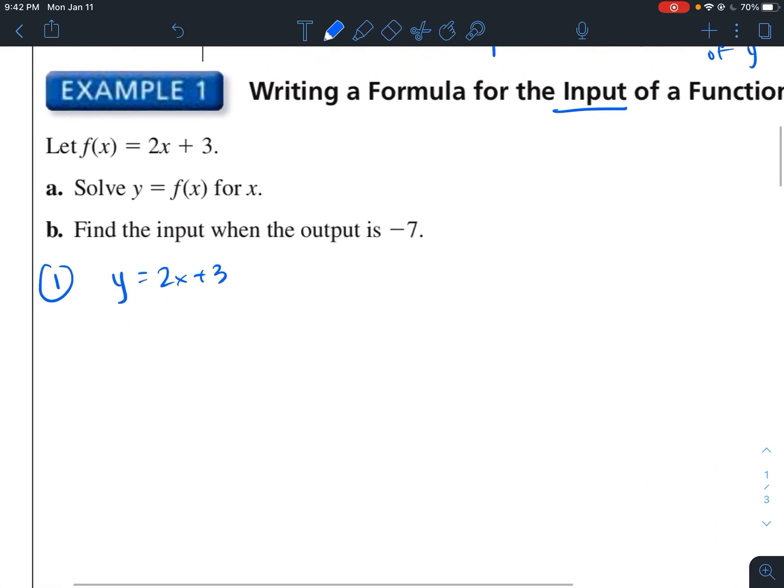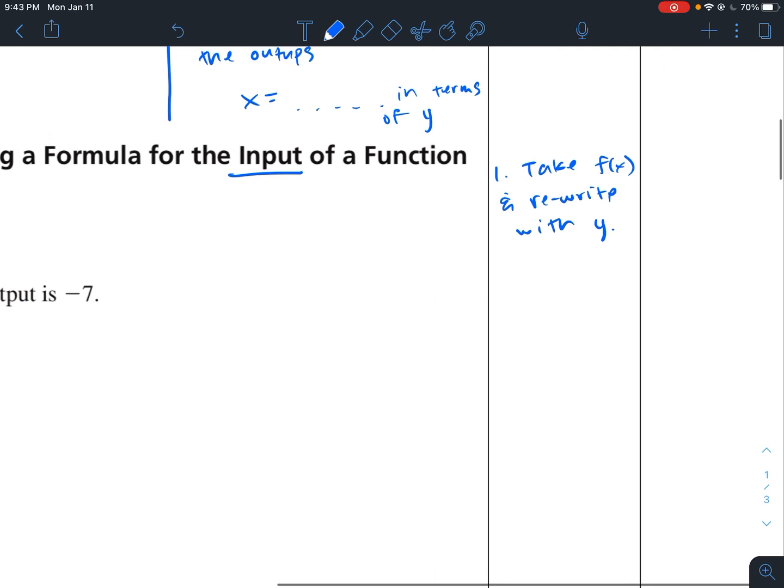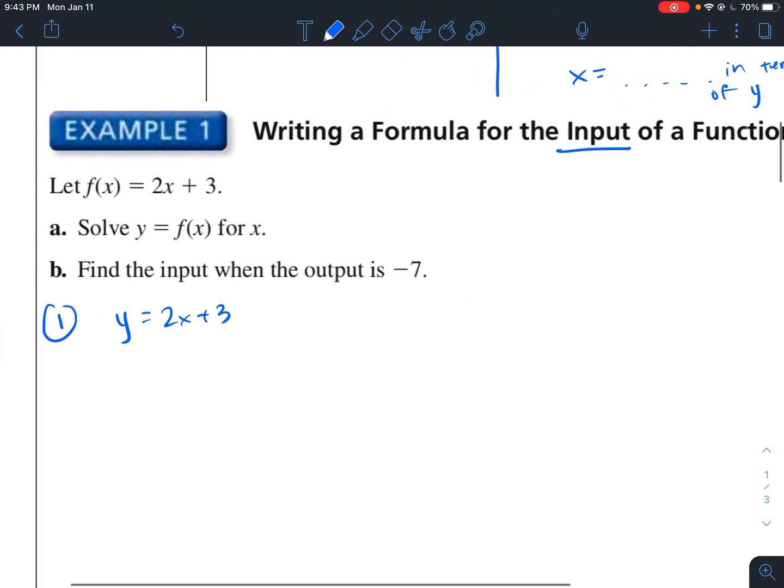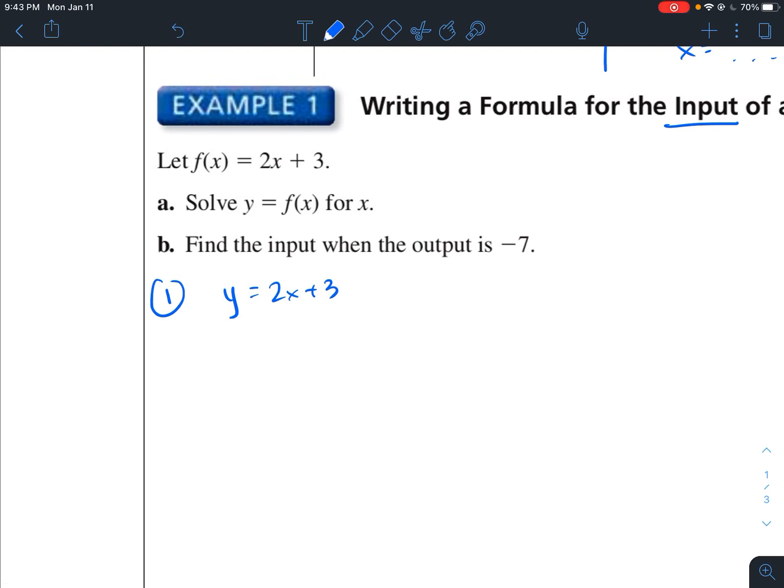All we have to do is solve for x, which basically just means we're trying to get x all by itself. So if we want to get x by itself, let's use inverse operations from algebra. Right here, I could subtract 3 from both sides.